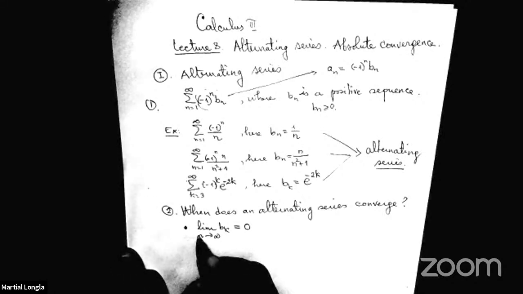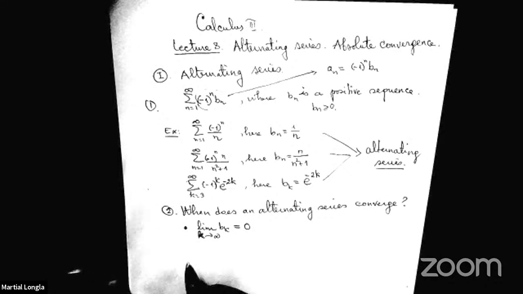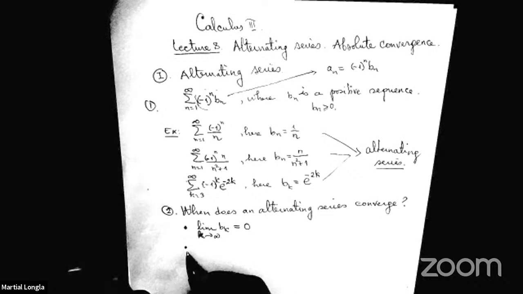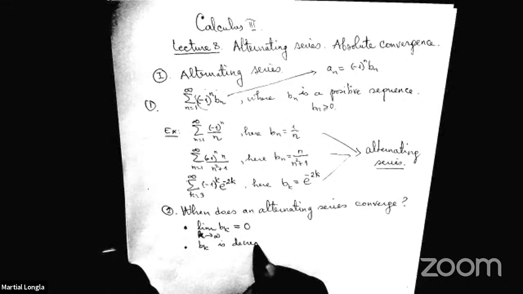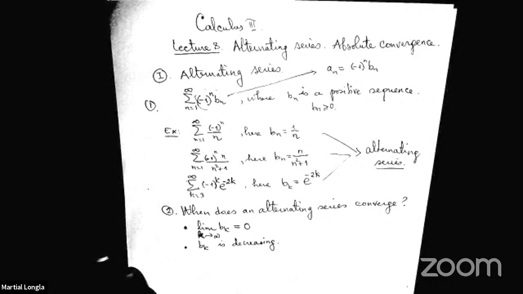I'm sorry if I'm putting n, then it's k everywhere. Second, you need to see that b_k is decreasing. And that's why it was important to answer questions on sequences that are decreasing or increasing, because it's coming back in other topics.